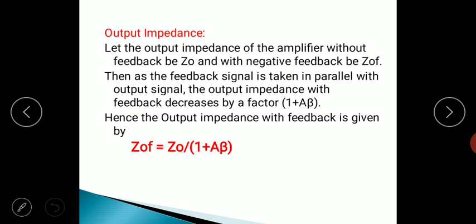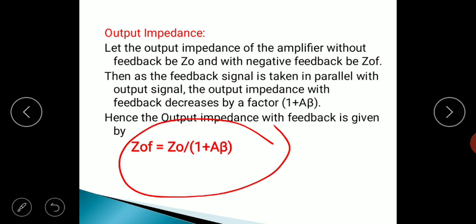You know that the effective resistance or effective impedance will decrease. And since the feedback signal is taken in parallel with the output signal, the output impedance with feedback decreases by a factor of 1 plus A beta. Therefore, we can write the output impedance of voltage series negative feedback amplifier ZOF equal to Z0 divided by 1 plus A beta.